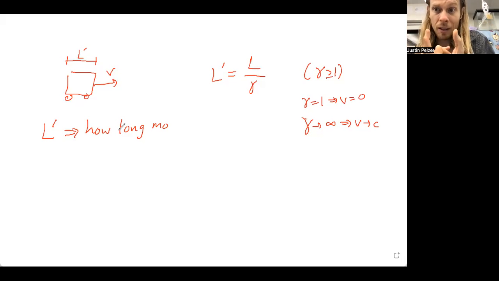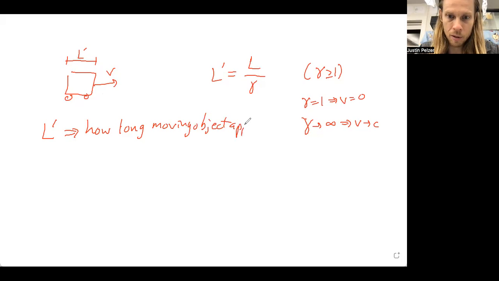So if you were to measure its length, that measurement would give you a result that's smaller than if it were still, or than it would be in its own reference frame. So L prime is how long the moving object appears to an outside observer.